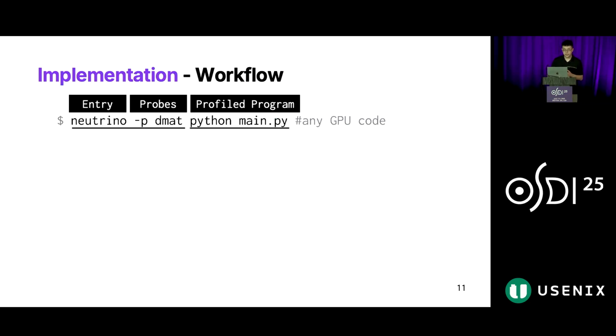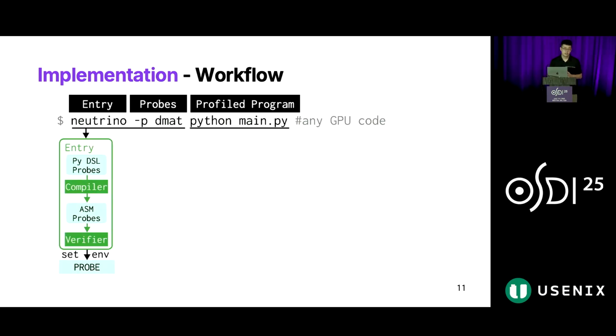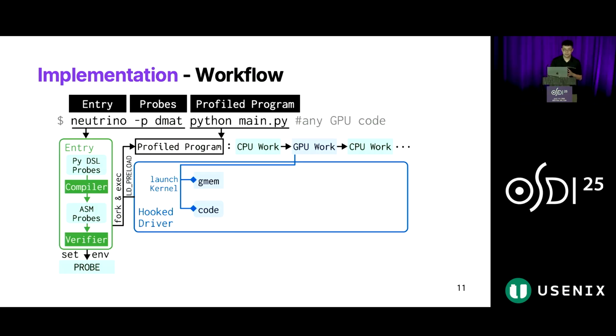We implement Neutrino as a command line tool, like Valgrind or bpftrace. When invoked, the entry will load the probe, compile it to assembly, and set it as an environment variable. Then it will fork and execute a sub-process to run the profiled program, with the hook driver being injected through LD_PRELOAD.